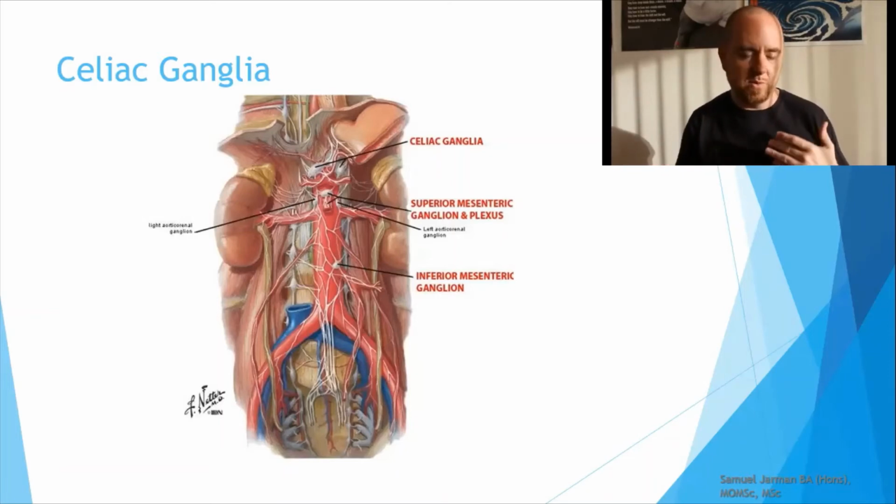The vagus nerve will provide parasympathetic tone, whereas these postganglionic fibers off of the celiac ganglia will provide the sympathetic tone to those structures. And you can also see the other aortic ganglia that are going to follow the rest of the arteries coming off of the aorta, which we'll discuss in other portions, looking at the lumbar regions.